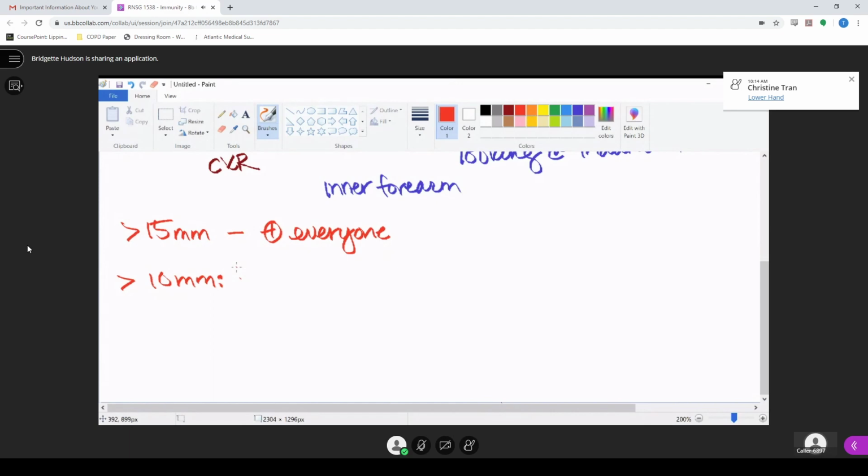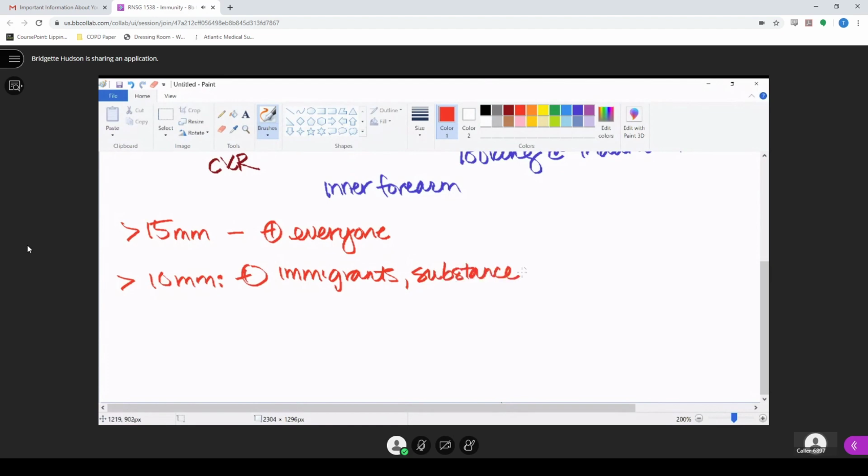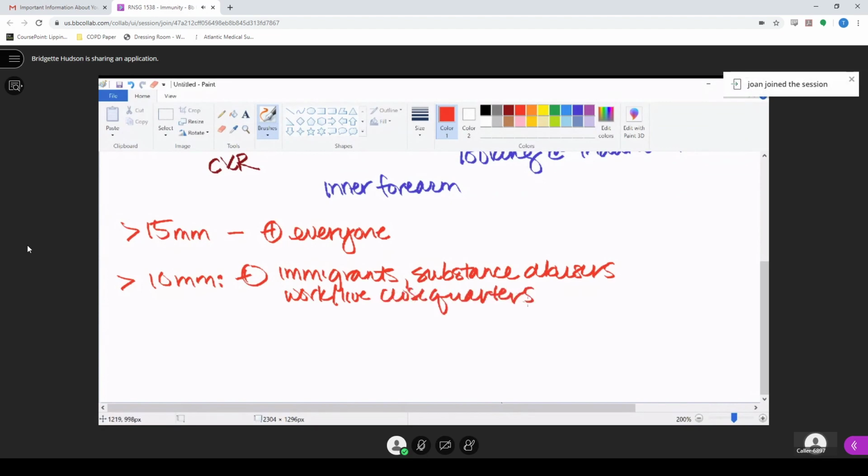So if it's greater than 10, then this would be positive for immigrants, substance abusers, so that would be your alcoholics and your IV drug users, and then people that live and work in close quarters. And for kiddos, less than 4.